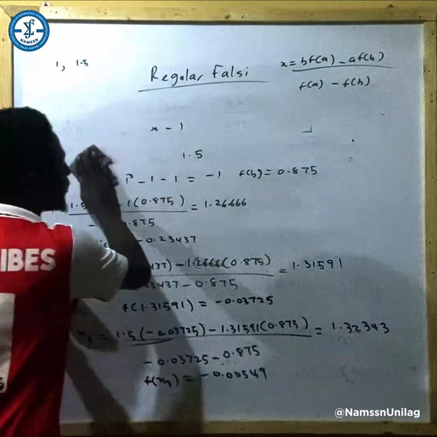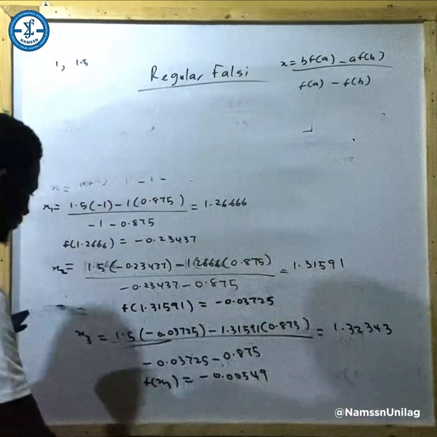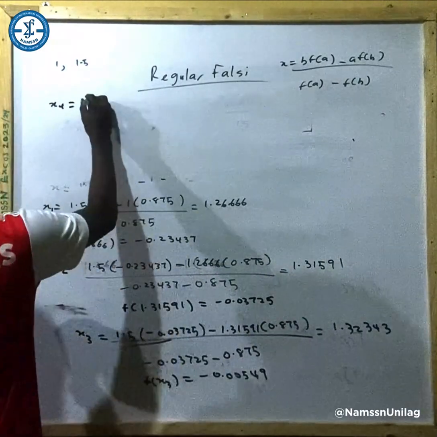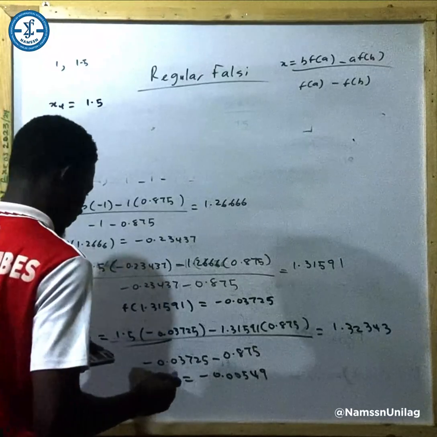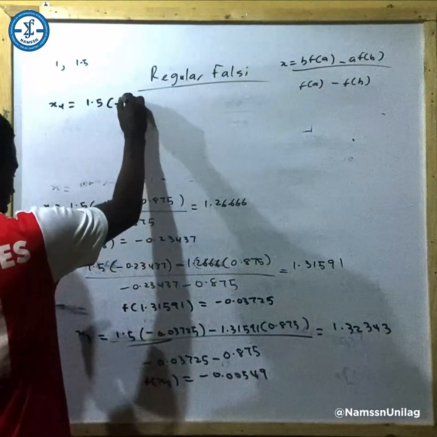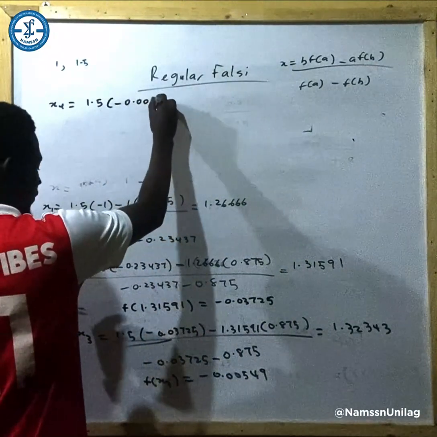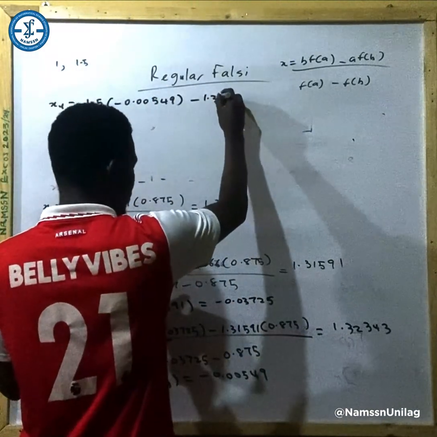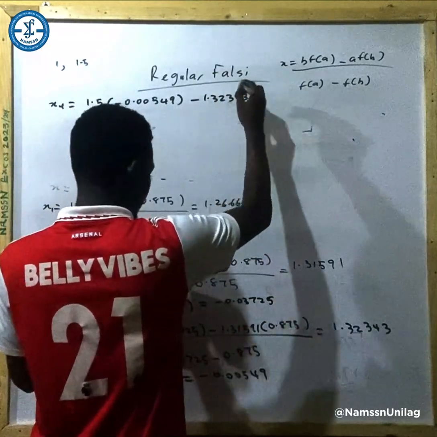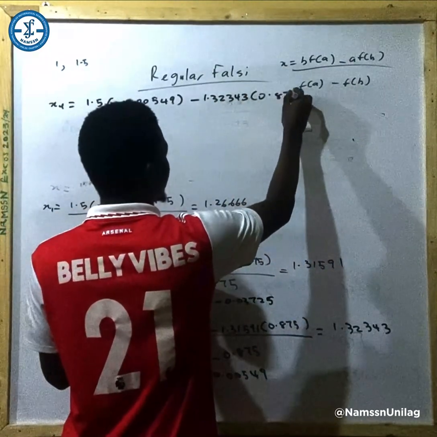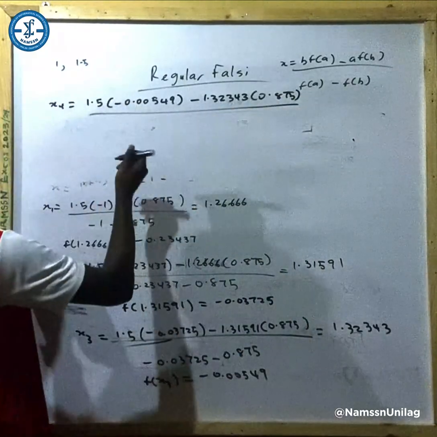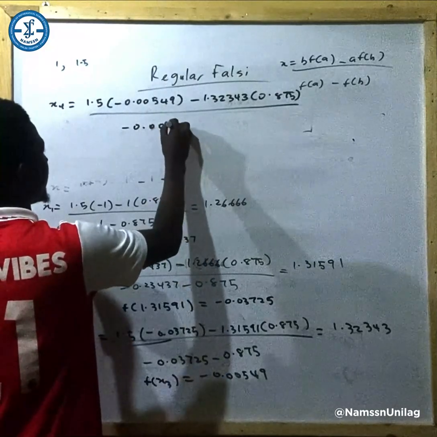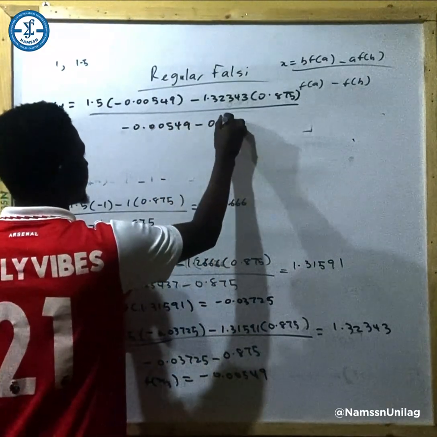I'll hold this up. So you would have x4 equals 1.5, since it's negative, minus 0.00549 minus 1.3233 in brackets 0.875 over minus 0.00549 minus 0.875.